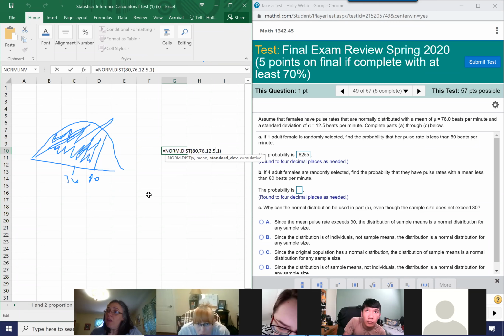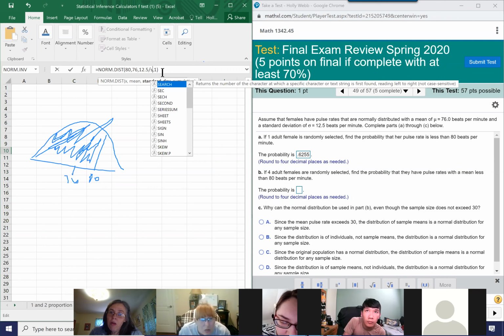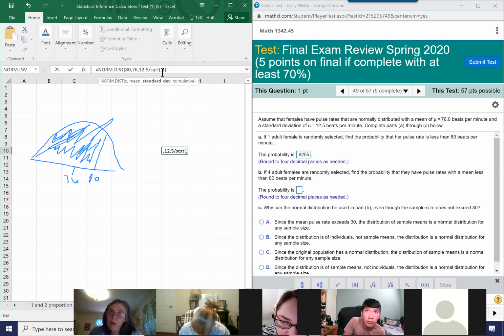But if you're dealing with means of a certain sample size, and you want to find the probability of a mean of a certain sample size, you're going to take the standard deviation, 12.5 in this case, and divide it by the square root of the sample size. So it's going to be divided by the square root of 4 or 2.